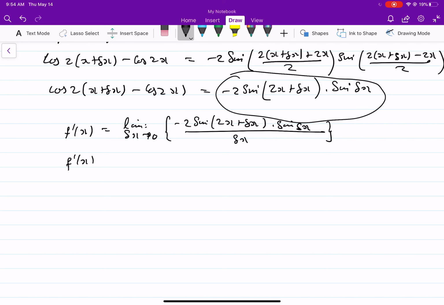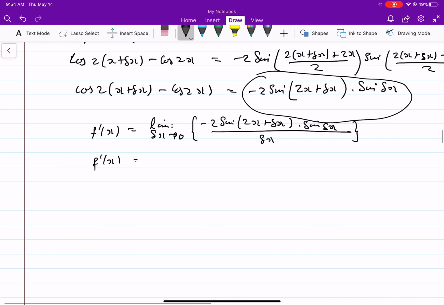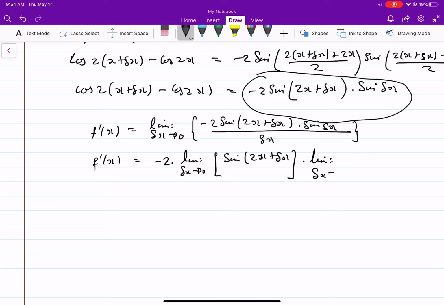F prime of x is equal to minus 2 times the limit as delta x approaches 0 of that first part, which will be sine of 2x plus delta x, and times the limit as delta x approaches 0 of the second part, the sine of delta x upon delta x.